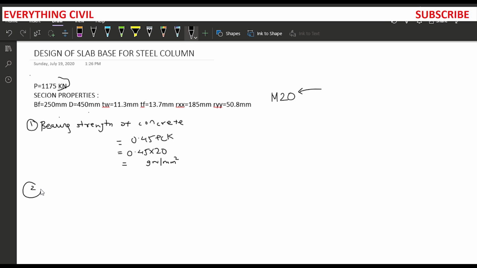So the second step will be area of base plate. Now let's imagine this is the concrete pedestal, and above this is the base plate. So the pressure of the base plate will be on the pedestal right here.